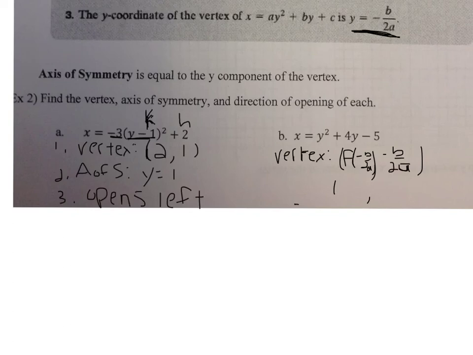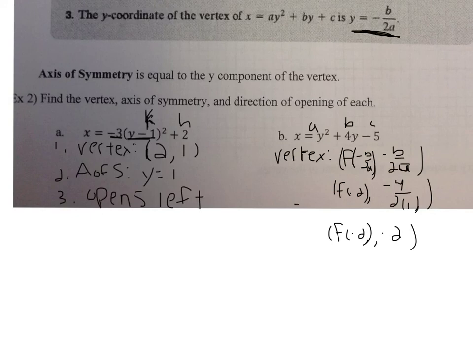So we got A is the 1 in front of the Y. That's B, and that's C. We're going to do negative 4 over 2 times 1, which comes out to negative 2. And for this, we are doing F of negative 2.